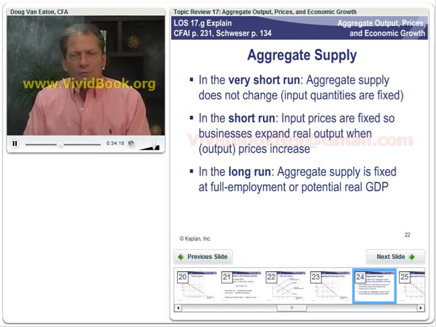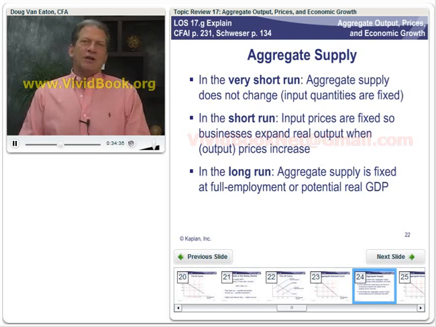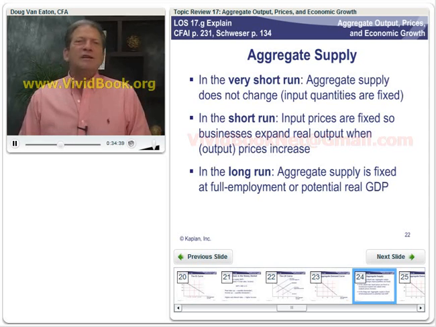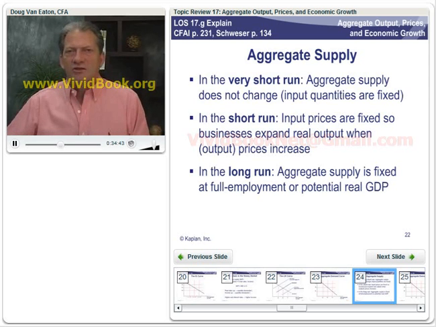Well, we're going to define the aggregate supply curve over three time horizons. In the very short run, aggregate supply doesn't change. Input quantities are fixed. We're not concerned with the very short run. We're concerned with the short run and the long run. And how do we differentiate those in this model of the overall economy? Well, in the short run, input prices are fixed, especially wages.